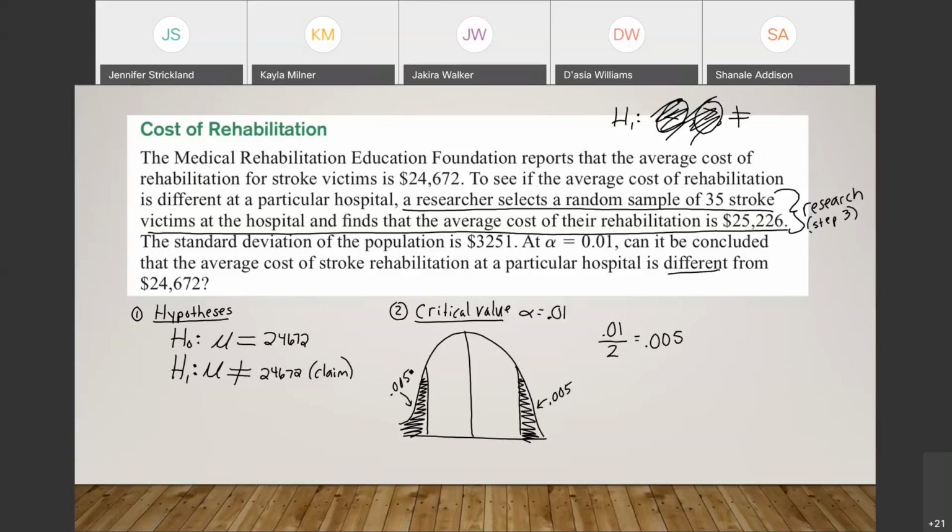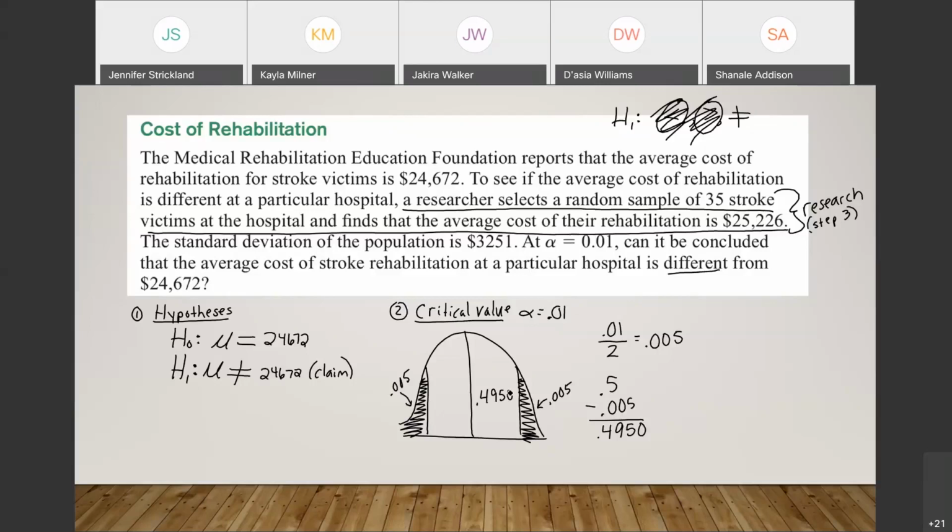All right, then what do I do? Subtract from 0.5. So 0.5 minus 0.005 gives me 0.4950. And that goes here. And then we're going to the table. We're finding 0.4950 for the best estimate that we can have.